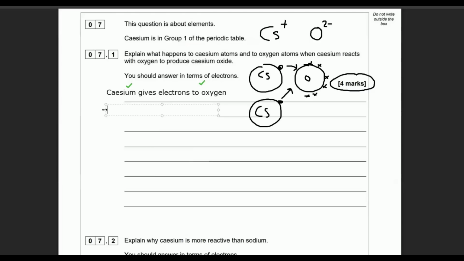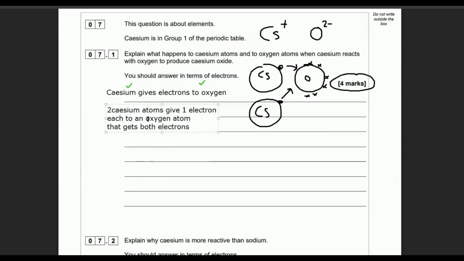So 2 cesium atoms give 1 electron each to an oxygen atom. This is a better way of saying it and would get you 3 marks. I've kind of messed that up, but you get the idea.